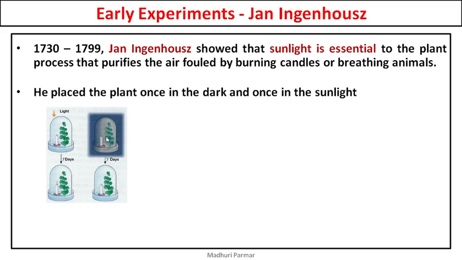In the dark, it did not last even a few minutes. The reason is the plant cannot do photosynthesis in the absence of sunlight. Because there was no photosynthesis, no oxygen was released, and so the candle extinguished. So, from this experiment, he said that sunlight is essential for the process which Joseph Priestley described.